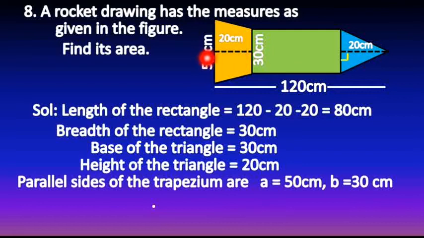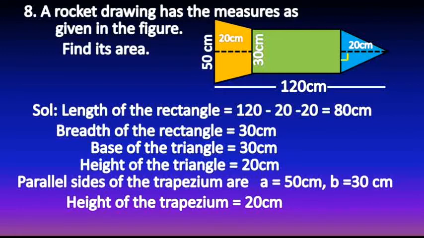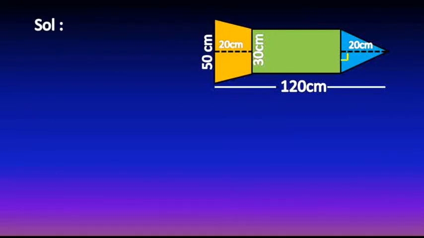You can see these two are the parallel sides of this trapezium. This is 50 centimeters and this is 30 centimeters. So the parallel sides of the trapezium are, you can take this as a and this as b. So a is equal to 50 centimeters and b is equal to 30 centimeters. The height of the trapezium is 20 centimeters. This is the height of the trapezium, which is equal to 20 centimeters.